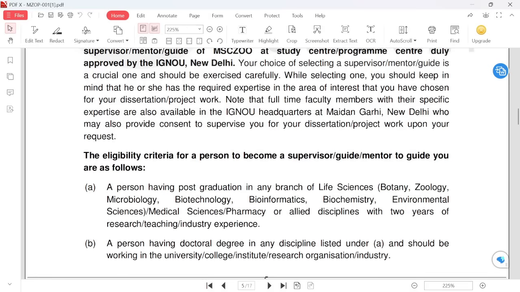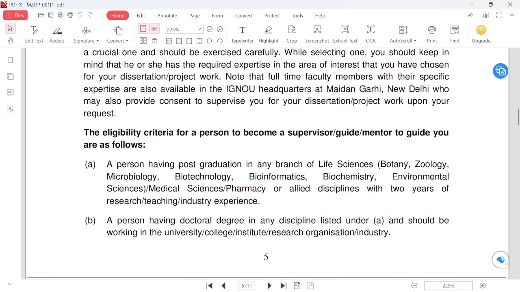Note that full-time faculty members with specific expertise are also available in the IGNOU headquarters at Maidan Garhi, New Delhi, who may also provide consent to supervise you for your dissertation project work upon your request. So if you are living in Delhi, around the headquarters of IGNOU, you can also approach a guide from there.